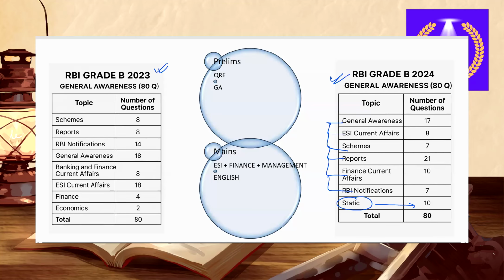Although we have seen some questions from static, this part also, if RBI is asking about inflation, and if RBI will ask in 2025 about currency depreciation, rupee depreciation, then you will say, rupee depreciation was in the syllabus, okay, somewhere microscopically it was covered in the syllabus.